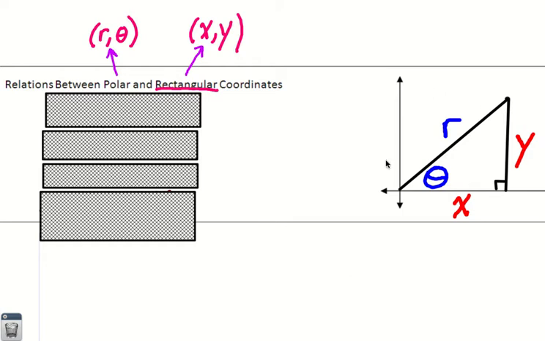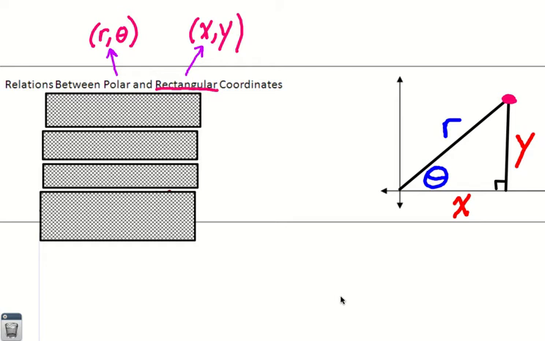Take a look at this handy dandy picture over here, where, if that was the point that we were plotting or finding coordinates of, the x coordinate would essentially be this length, right? X coordinate, y coordinate. So that would be x and y, but then this would be theta, and this would be r.